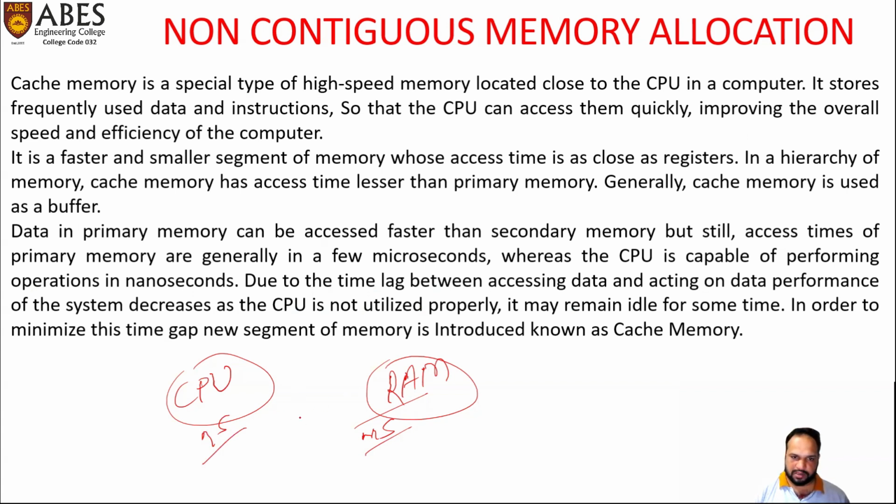To overcome the time gap, the time lagging, one needs to think of a different solution. To accommodate such time lagging, one needs to use a different memory segment, and because of this, we introduce a newer memory or a segment of memory, that is cache.